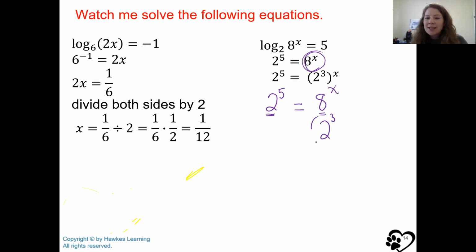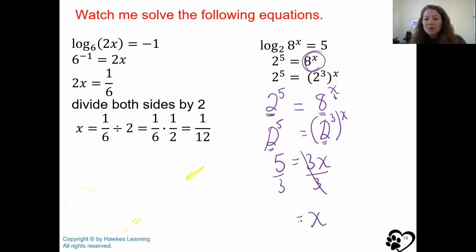Y'all remember that? And then we're going to bring down that exponent. So now that our bases are the same, the 2's are the same, we get to drop those. And now we have 5 is equal to 3x. And then we're going to divide both sides by 3. So x is equal to 5/3.